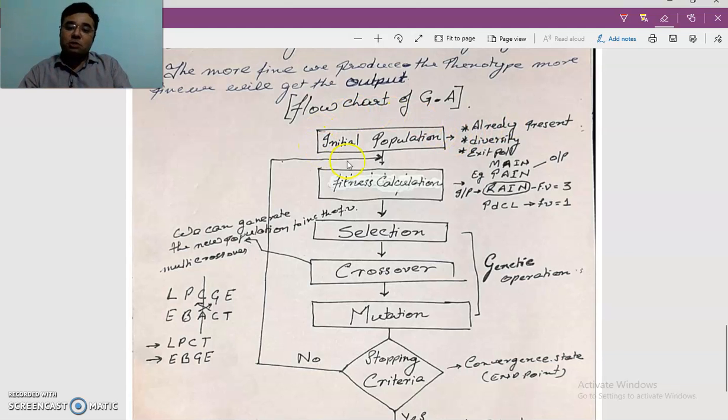So the first point in designing the genetic algorithm is to initialize the population, to find the diverse population, because this algorithm won't be able to work on a similar type of population. So in order to make this genetic algorithm work, we need to make the population highly diverse or peculiar, we can say.